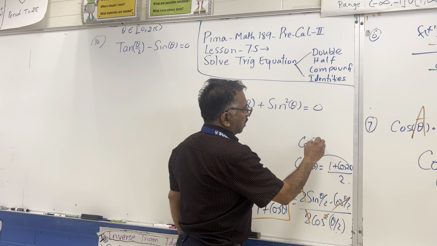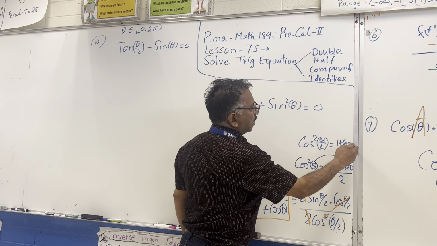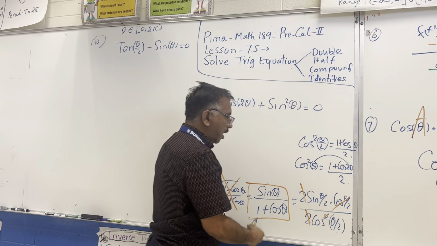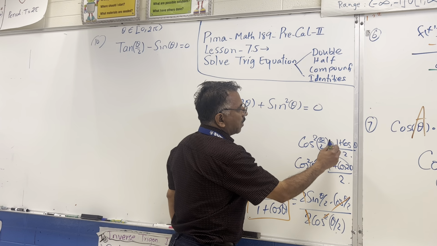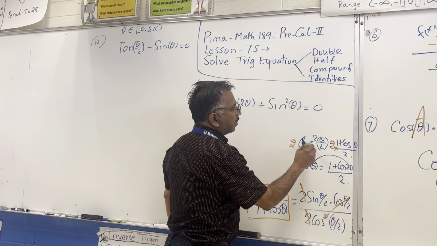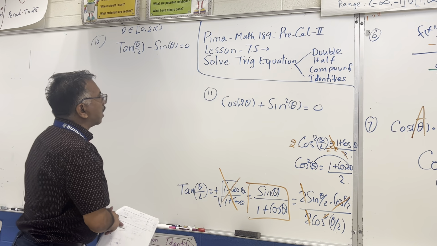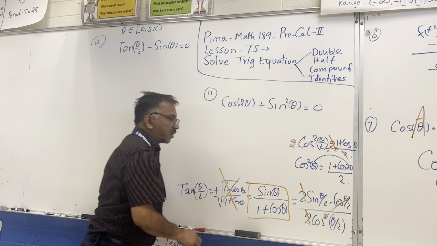If it is cosine squared of theta by 2, that's 1 plus double of theta by 2, which is theta, divided by 2. That's all I do. Then if you multiply by 2, this goes away, giving 1 plus cosine, and you can get that part. So what I'm trying to say is just use this, okay?